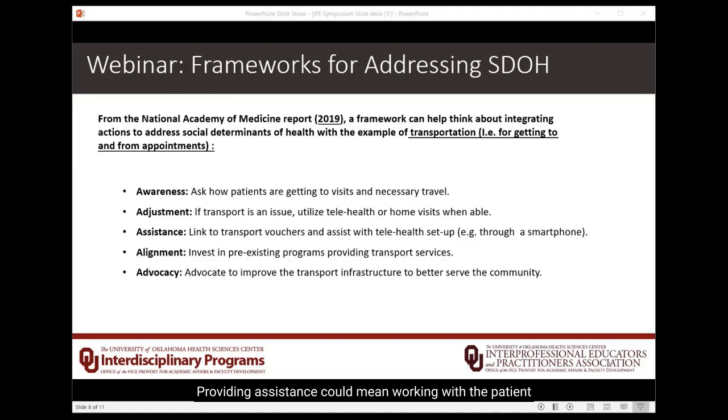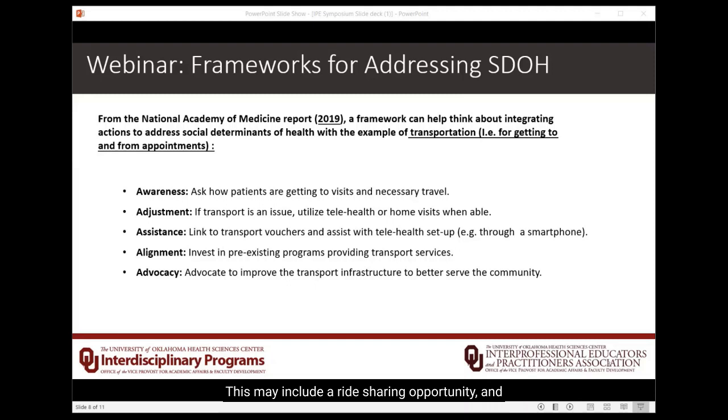Providing assistance could mean working with the patient when they need to connect with other resources that already exist in the community, such as transportation vouchers or assisting with setting up telehealth appointments through a smartphone. Alignment can be achieved when the healthcare unit actually invests its own resources in programs that already address transportation barriers.